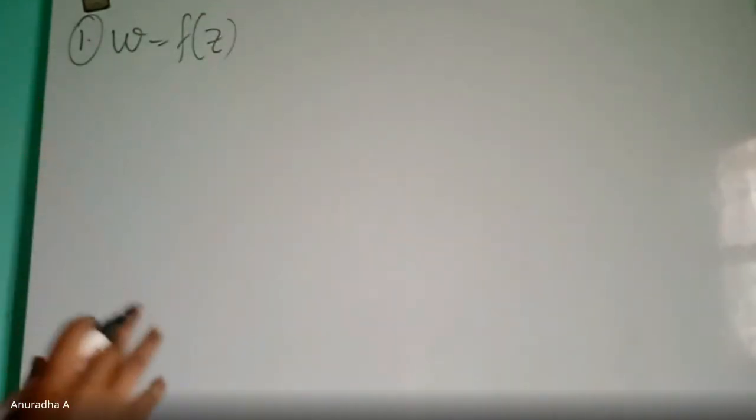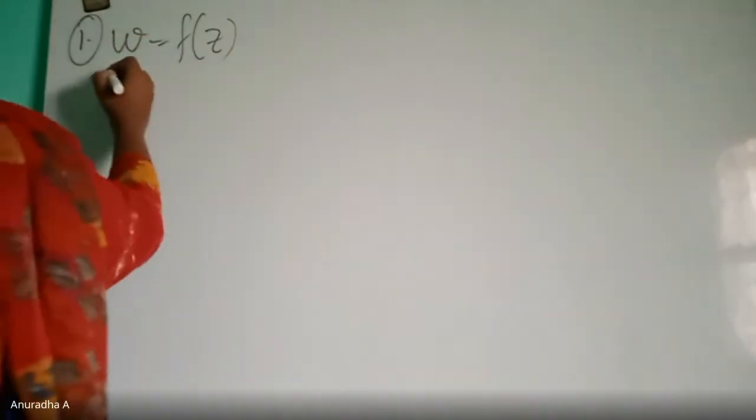Mapping means function, nothing else. So now we are going to see what types of complex functions exist. In general, w equal to f of z, we call this a function, right? This has other names also.